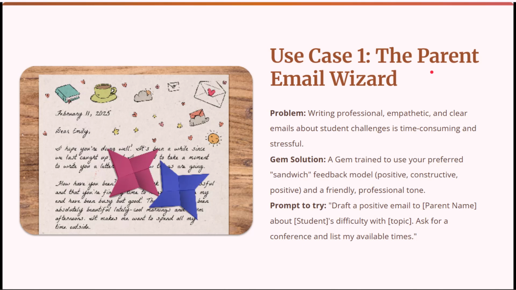A gem solution might be a tailored gem that uses your preferred approach, like that sandwich feedback where you do positive, constructive criticism, and then positive, in a friendly professional tone. Then your prompt, as you're testing your gem out: draft a positive email to Sarah Hoffman about Susie Smith's difficulty with math, or whatever, staying in her seat.